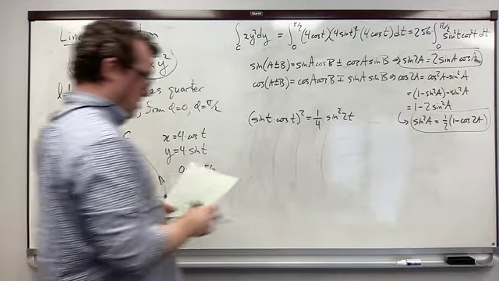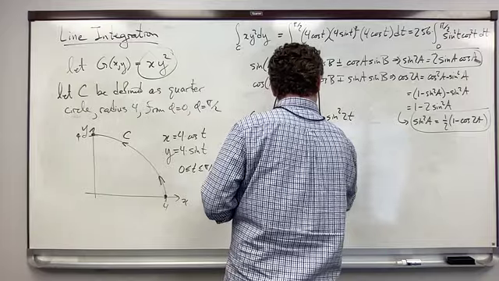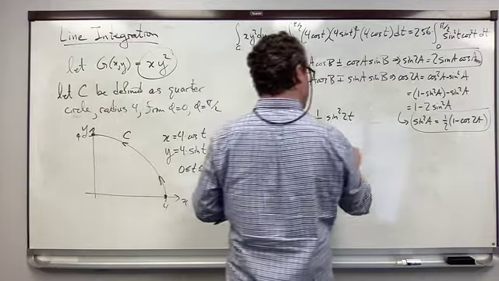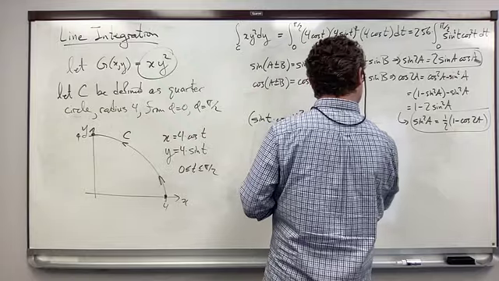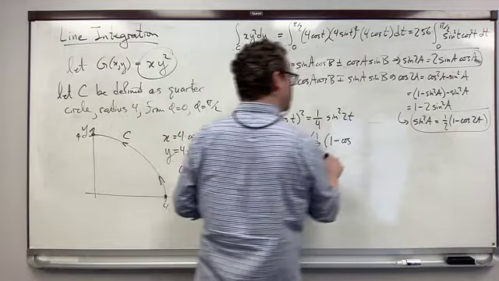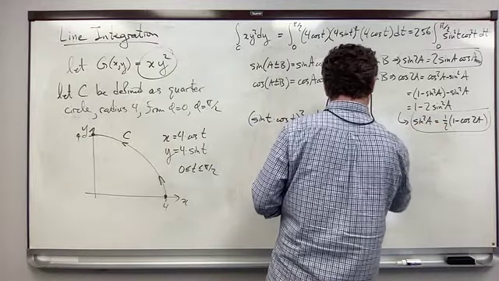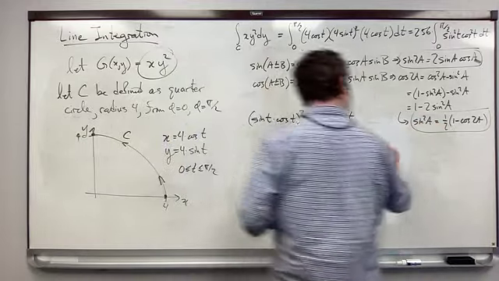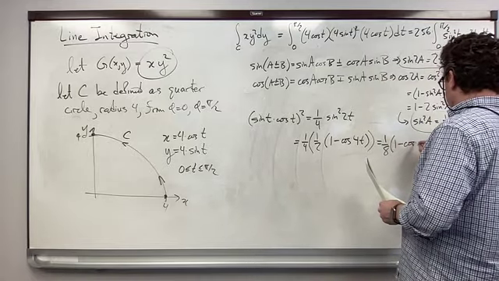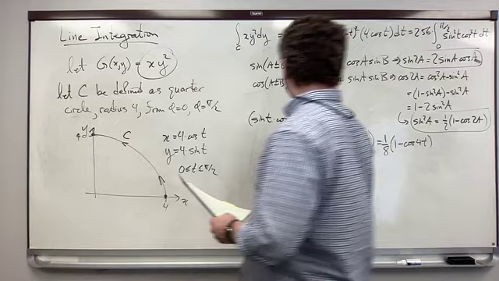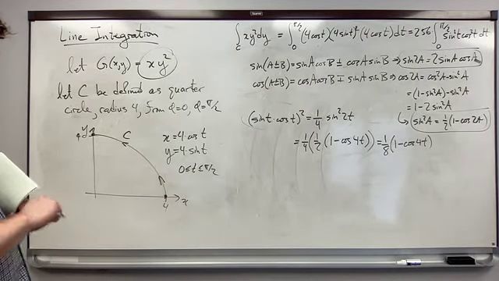And I know what sine squared of something is, so this is 1/4 times 1/2 of 1 minus cos, this is twice, that should be 4t. So this would be 1/8, 1 minus cos 4t. That's what sine squared t cos squared t is.